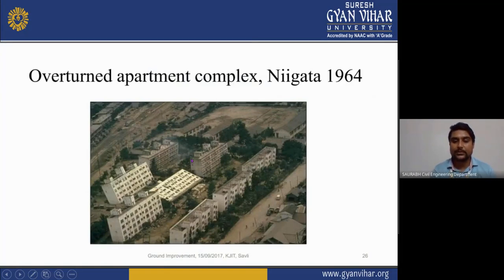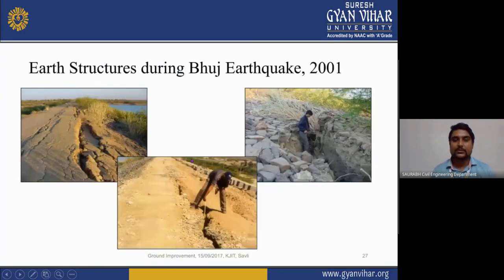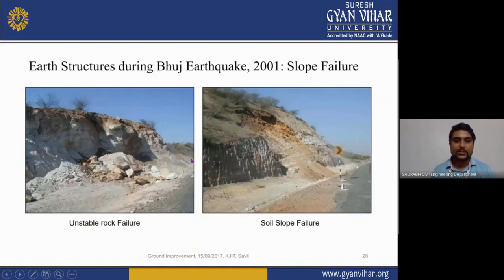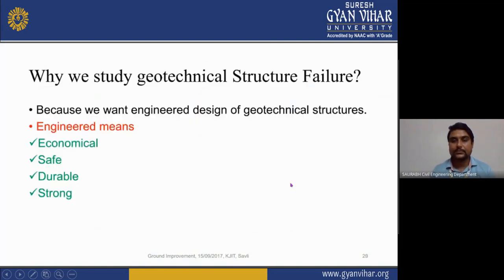There are some examples of liquefaction, which happened with the Bhuj earthquake in 2001 in Gujarat, as we all know. And for earth structures during the Bhuj earthquake, these are the soil failures. This is an unstable rock failure. This is a soil slope failure.